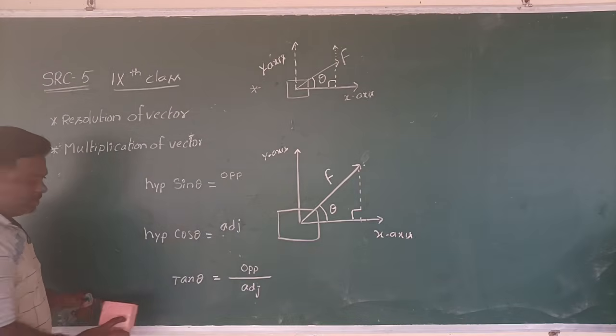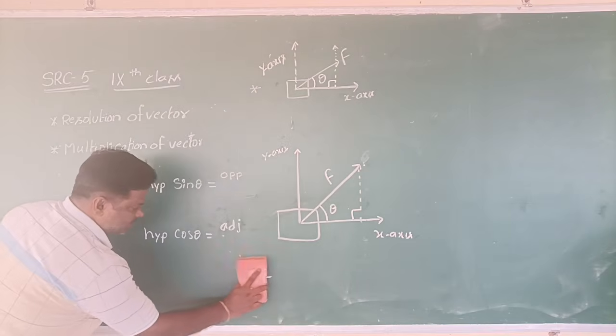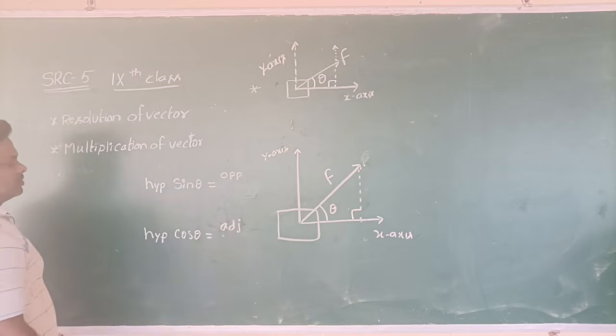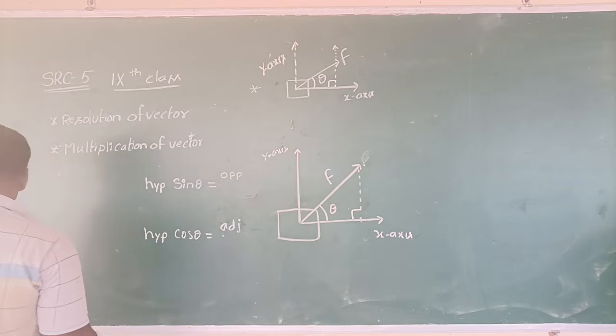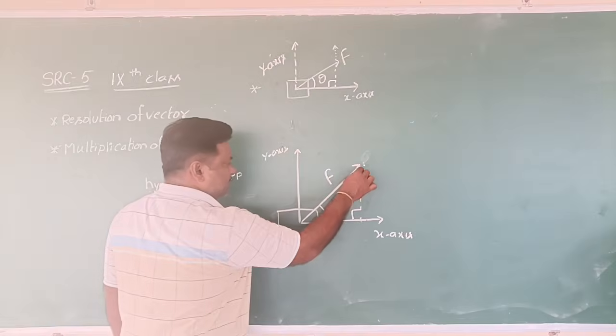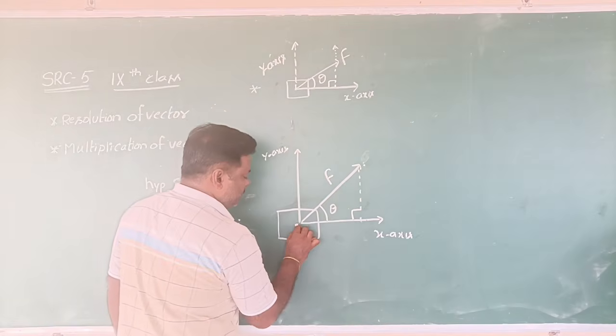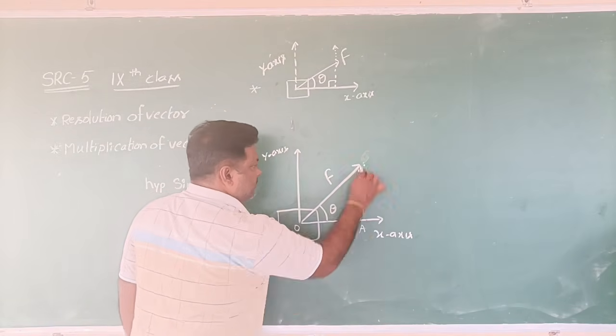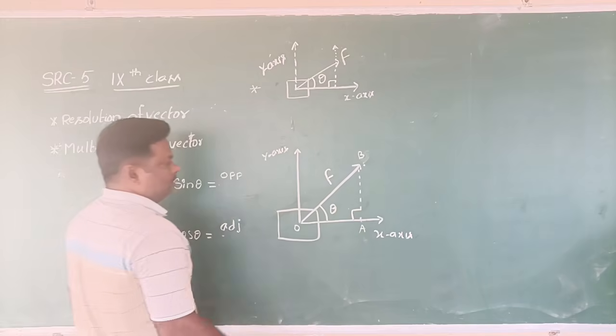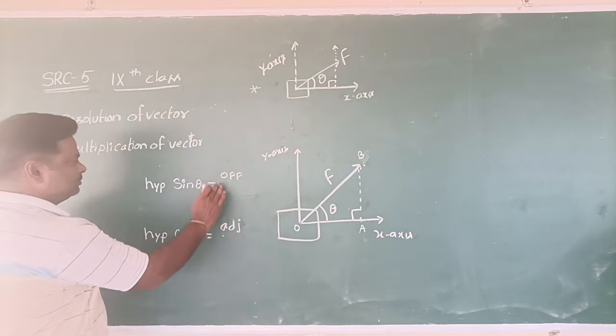Okay, so now I am not going to write this, later I will write this one. So we got the opposite side and the adjacent side. So this is the opposite side. Can I give the names? O, A, B. AB is the opposite side.